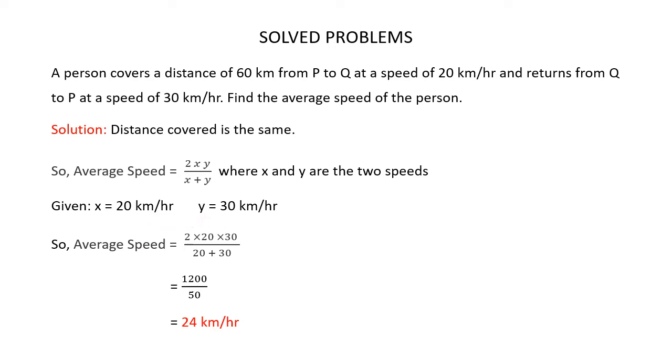So average speed is equal to 2 multiplied by 20 multiplied by 30 divided by 20 plus 30. This is 1200 divided by 50, which gives us 24 kilometers per hour. So the average speed of the person is 24 kilometers per hour.